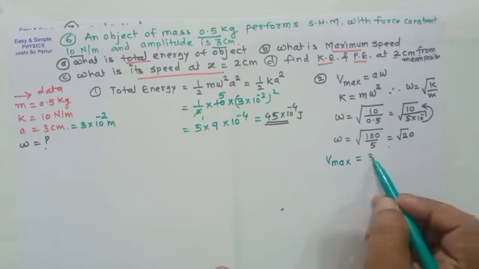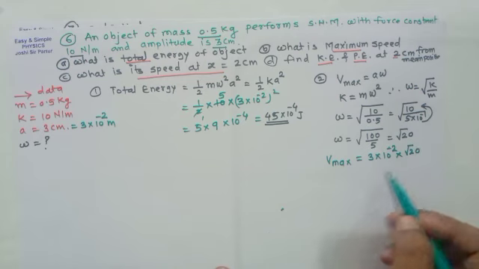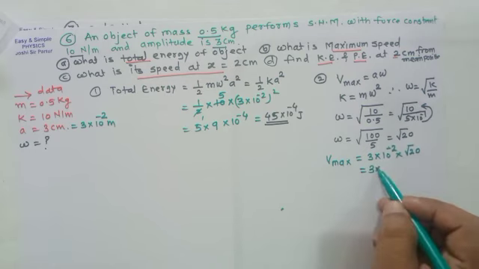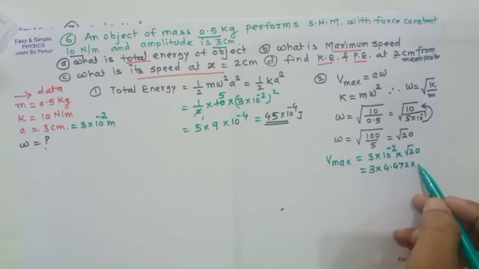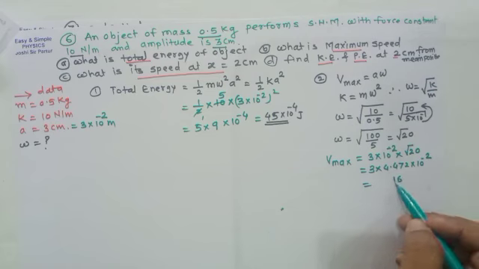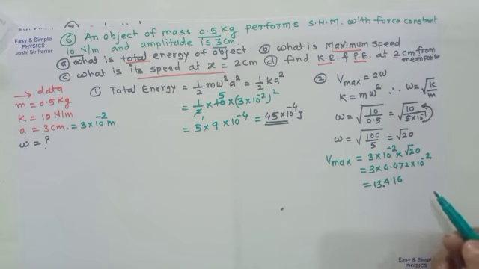If we substitute the value of square root of 20, then V maximum becomes amplitude, which is 3 into 10 raised to minus 2, into square root of 20. We know that square root of 20 is 4.472. So 3 into 4.472 into 10 raised to minus 2 will be 13.416 into 10 to the power minus 2.